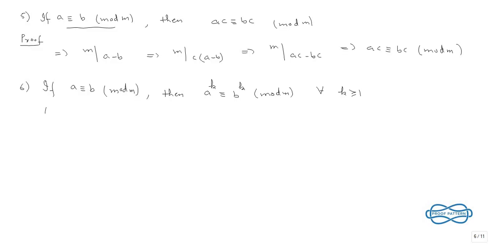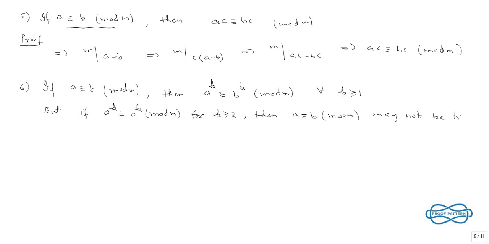But if A^k is congruent to B^k mod m for k greater than or equal to 2, then it is not true every time that A is congruent to B mod m. It may not be true.